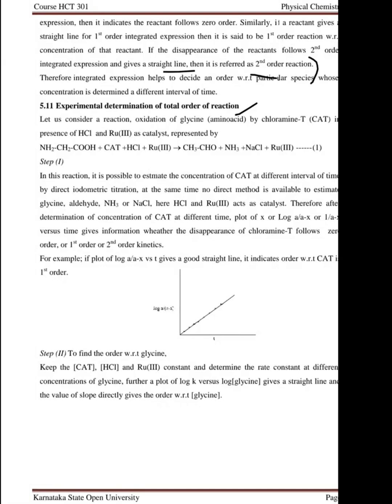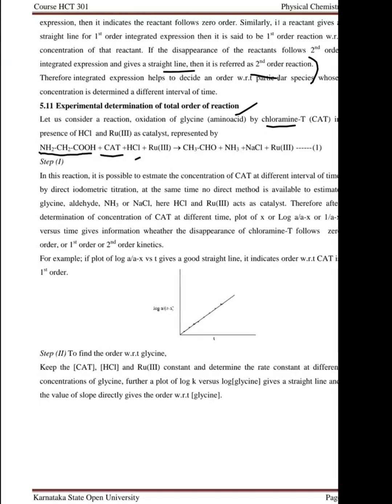Here we are taking NH2CH2COOH, glycine, with chloramine T in the presence of HCl and ruthenium.